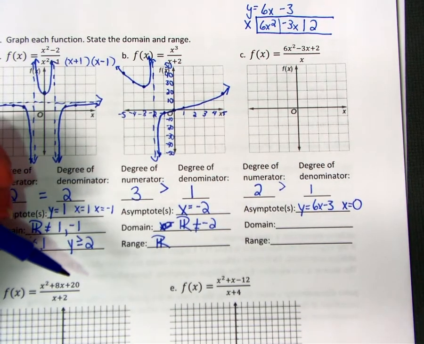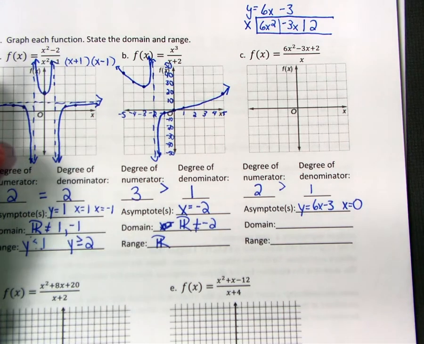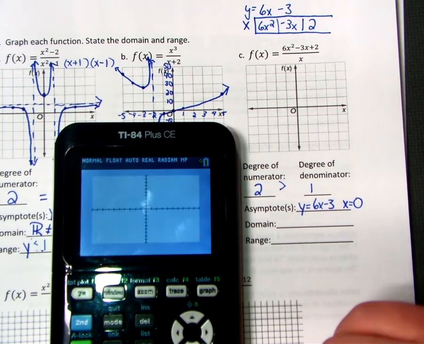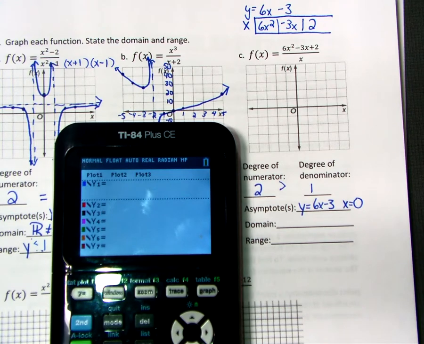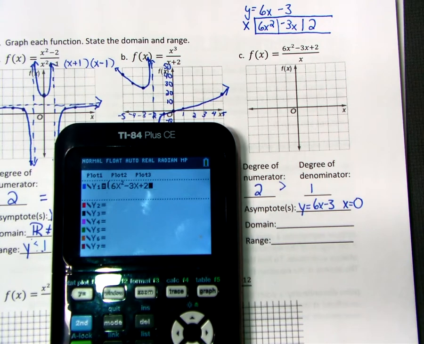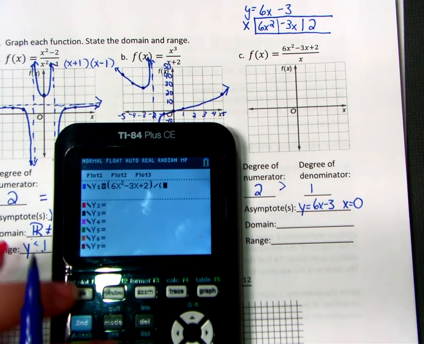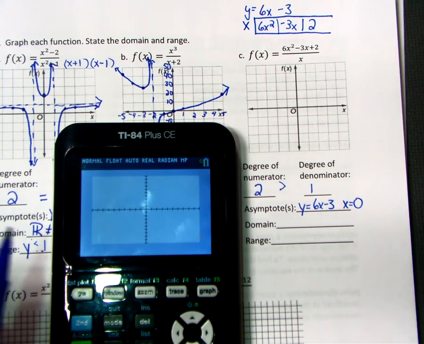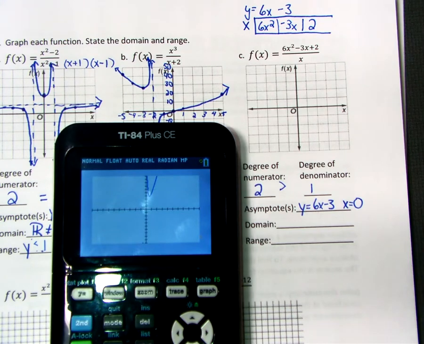So let's type this into our calculator and see what the graph looks like. You might want to hit zoom 6 to go back to a nice normal window. And we're going to type this into our calculator. So our nice normal window is at negative 5 to 5, or negative 10 to 10 on our graph.